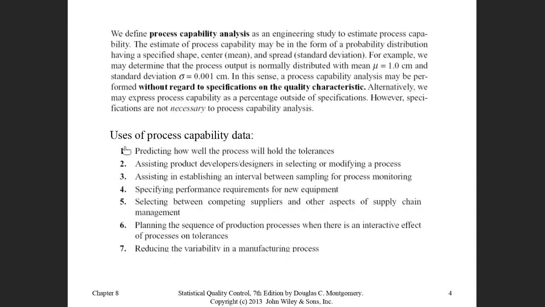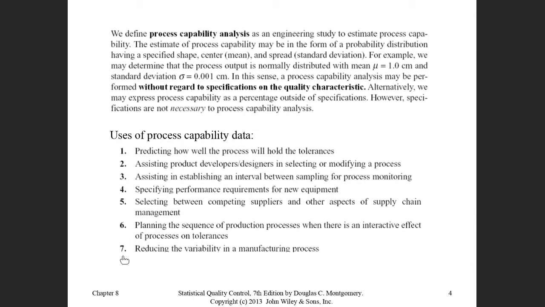Those 7 points can summarize some of the uses of the process capability. The process capability helps you predict how well the process can hold the tolerance, which is the natural tolerance.